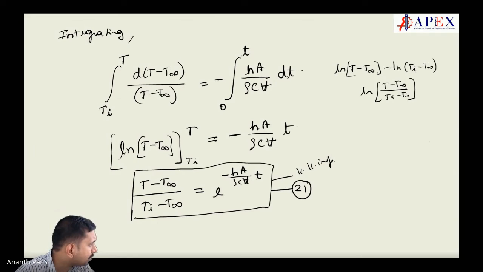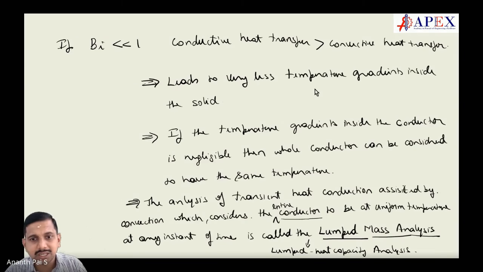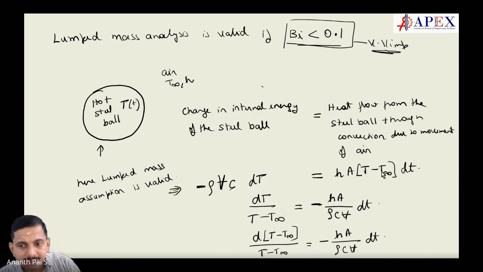We are looking for time and temperature. Here, why T? Because T minus T infinity comes from here. I cannot do away with the T minus T infinity.